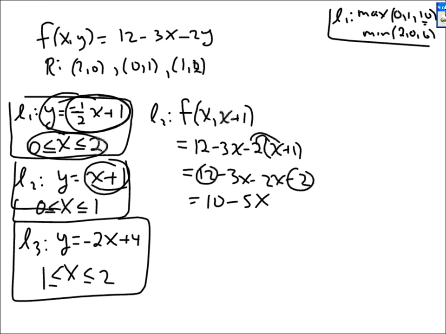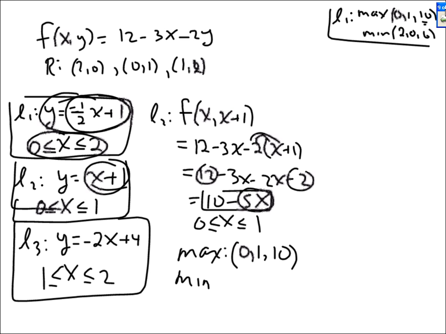And for line 2, x goes between 0 and 1. So what's the most? Well, you want to take away the least. Let x be 0. Then y is 1, and the max will be 10 minus 0, or 10.